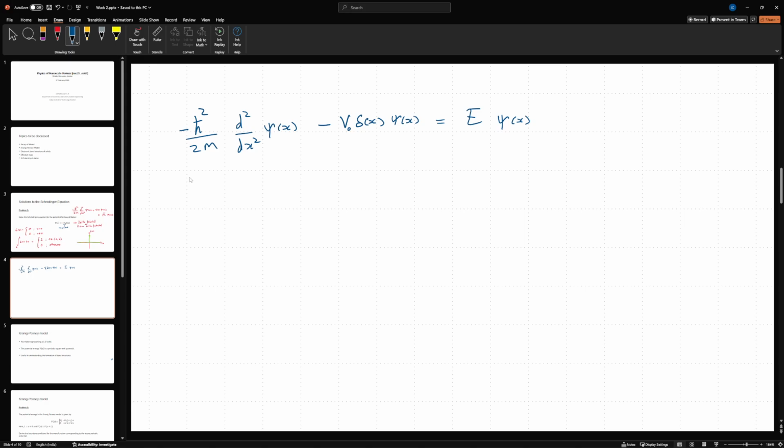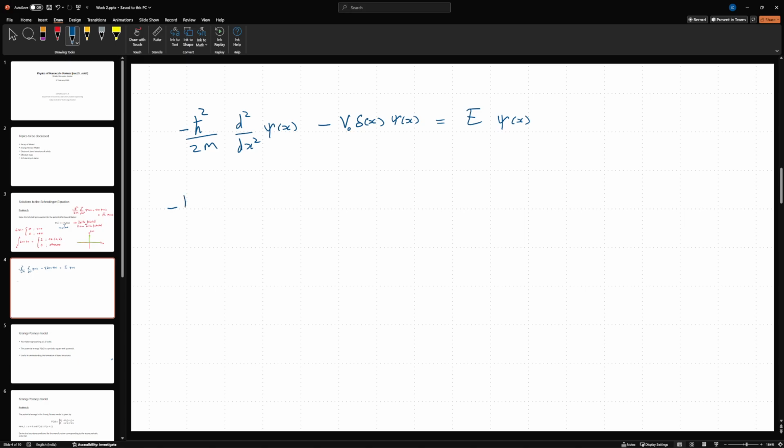As I was saying, first we shall integrate both sides of this equation from minus epsilon to epsilon.